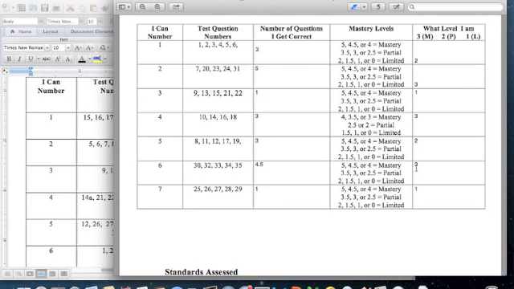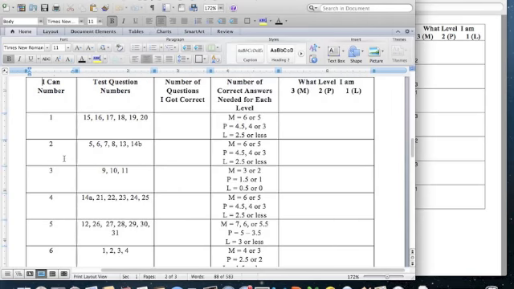You know, students tend to show varying levels of mastery, which means it would be hard to say they are completely mastery, completely partial, or completely limited because they have scores that range across all 3 categories. So for the sake of transitioning these into a grade out of 100, what we do is add them up. We bring the sum total together. So 2 plus 3 is 5, plus 1 is 6, plus 3 is 9, plus 2 is 11, plus 3 is 14, plus 1 more is 15. They would have a total of 15 mastery points.